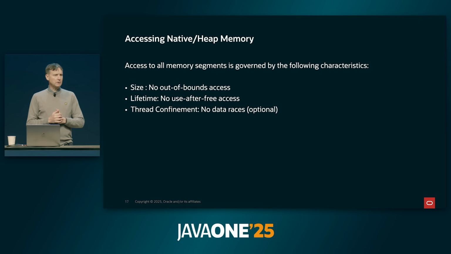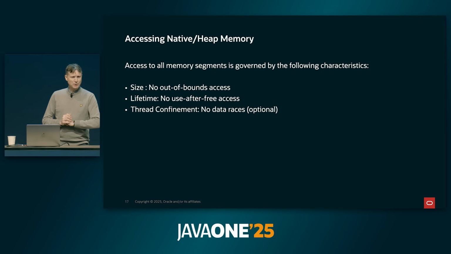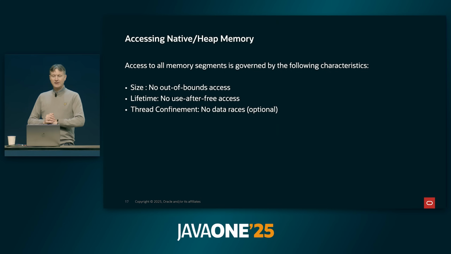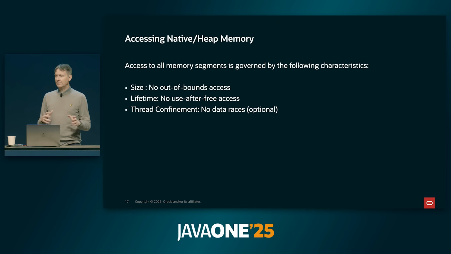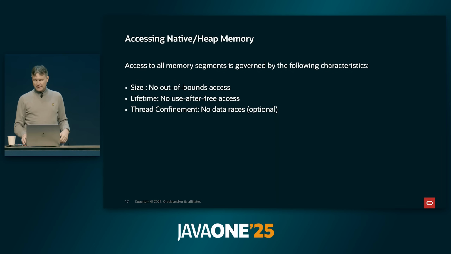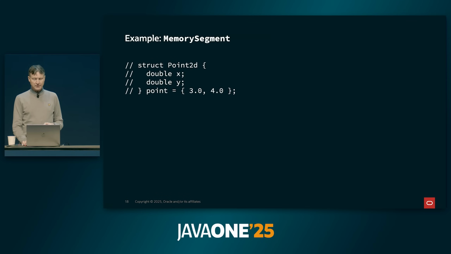And there is an optional confinement that you can elect to impose on your memory segment. You can say that this segment is constrained to this particular thread, namely the thread that first allocated the memory segment. That prevents data races, and you cannot accidentally share this segment with another thread and create visibility or other thread problems.